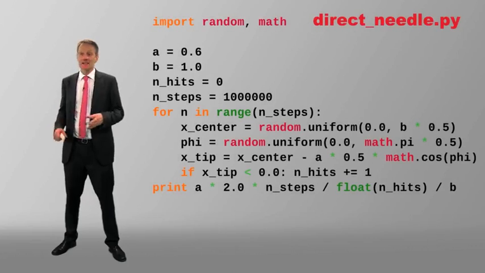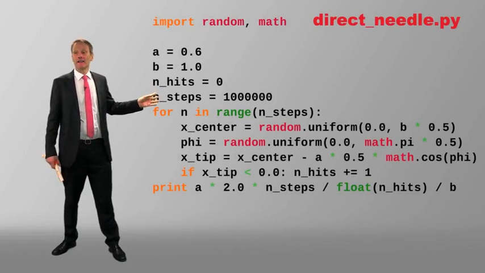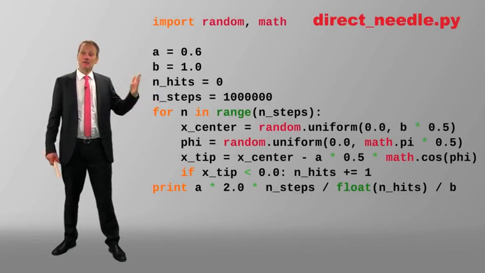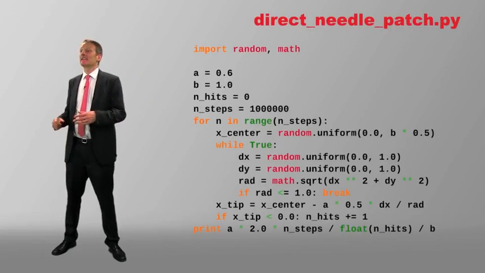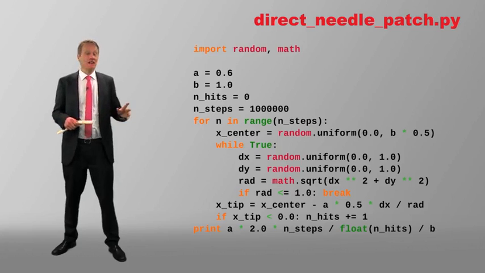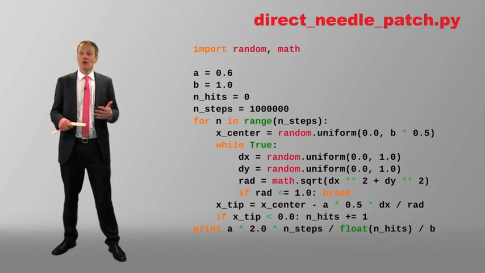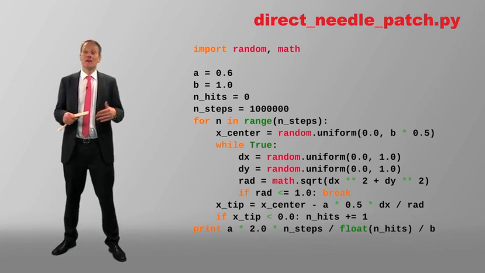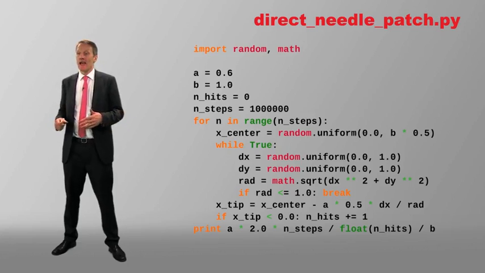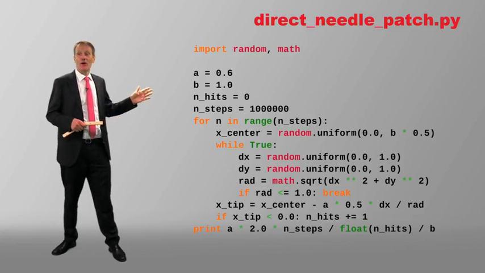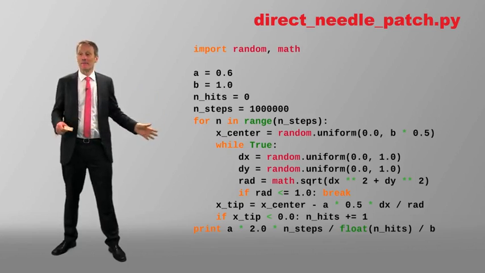So before continuing, please take a moment to download, run and modify the 2 programs that we discussed in this section. There is directneedle.py that does the original experiment, and directneedlepatch.py that uses inspiration from the Monaco games to avoid computing sines and cosines and using the input of pi to compute pi.